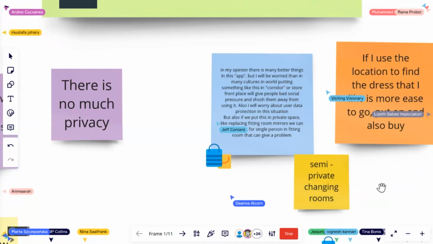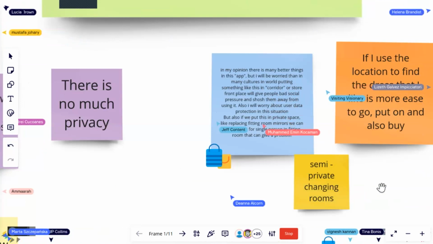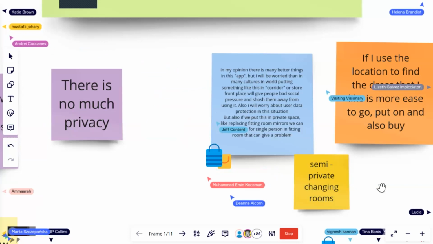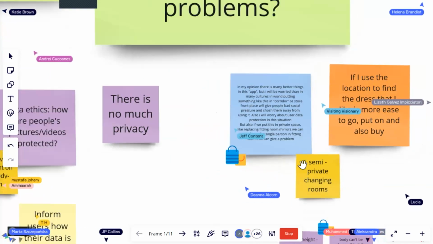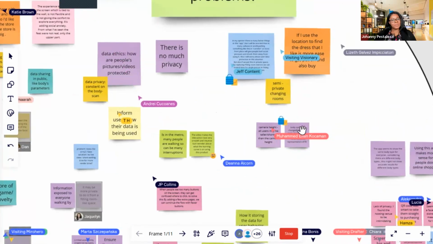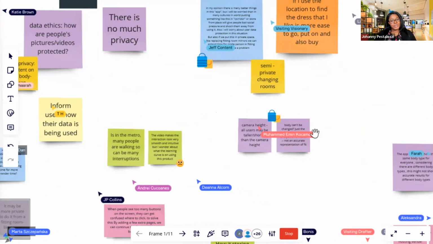But I also think putting this in the private space, like the fitting room, replacing the mirrors, can greatly extend the time of using the fitting room by a single person. I see this in a live example, because we have shoe shops in my country like this, with air measurement and seeing everything in the browsing category on a tablet inside the normal store, but there are many problems, like just one person spending an hour with the tablet, browsing every single item. And how many fitting rooms can we have in one store, basically? Okay, perfect. Good. So thanks a lot for sharing these ideas.